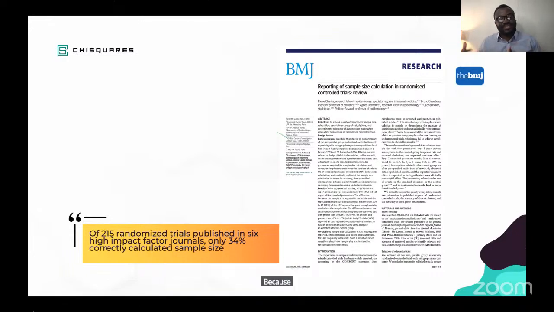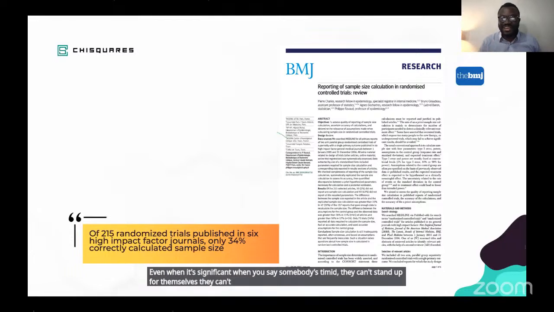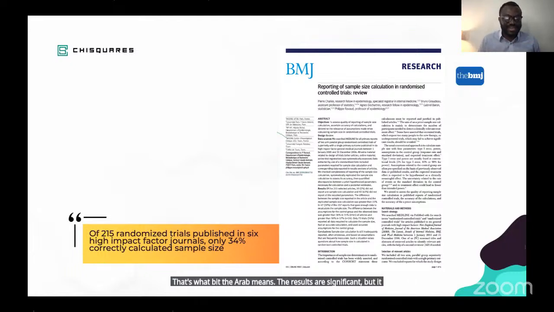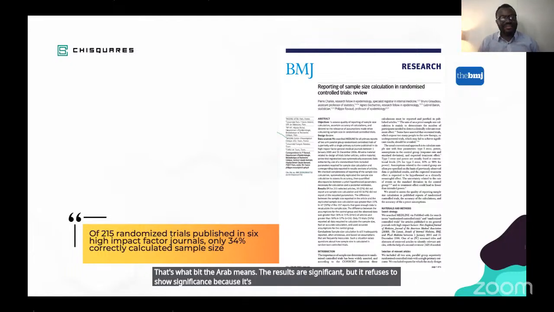Type beta or type 2 error is the very opposite. Even when it's significant, it's like someone timid who can't stand up for themselves. So even when the study is significant, it says, oh, I'm shy, I'm not significant. The results are significant, but it refuses to show significance because it's timid, it's shy.